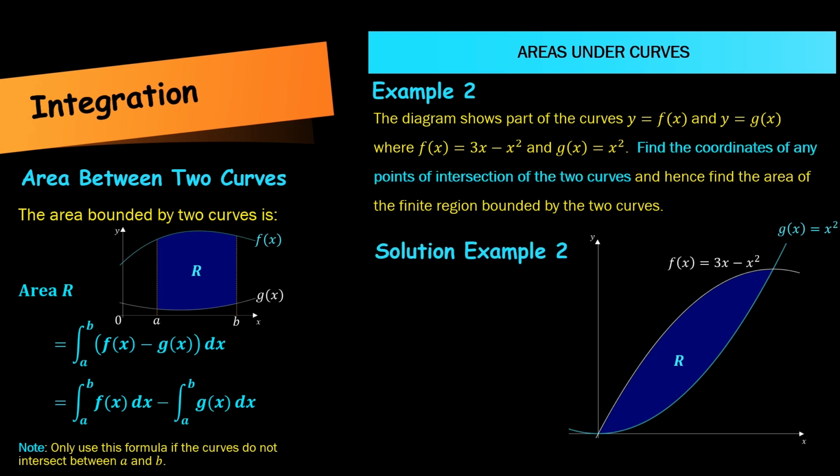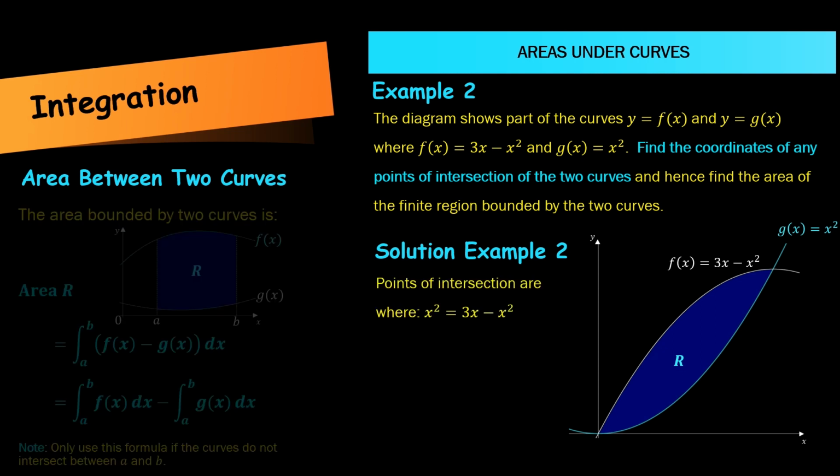So let's solve this. We're going to begin by finding the coordinates of any points of intersection of the two curves. So where are these two curves going to intersect? The points of intersection are where x squared, in other words g of x, equals f of x, which is equal to 3x minus x squared.